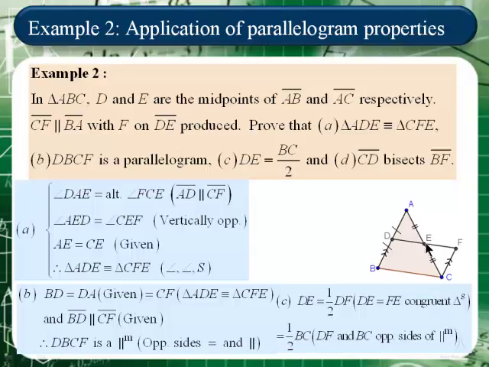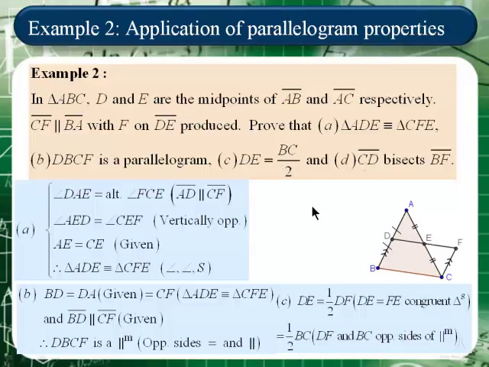So in other words, E is really the midpoint of DF, but DF in turn is equal to BC because the opposite sides of a parallelogram must be equal, and that then proves this third part.